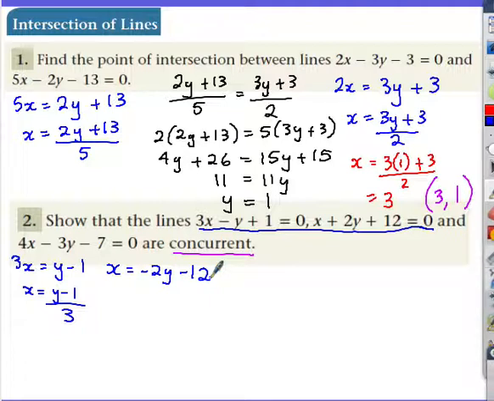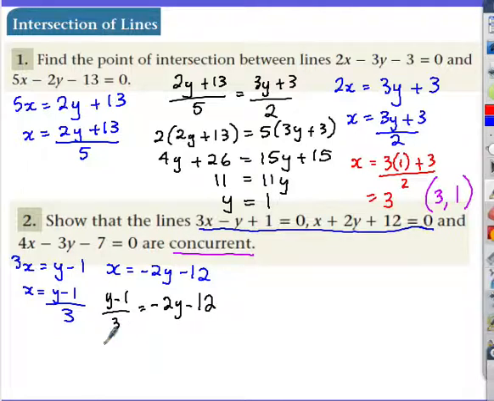Can we explain that again? No, that's right. Good. And now they both equal x, so they're equal to each other. So y minus 1 over 3 equals negative 2y minus 12.